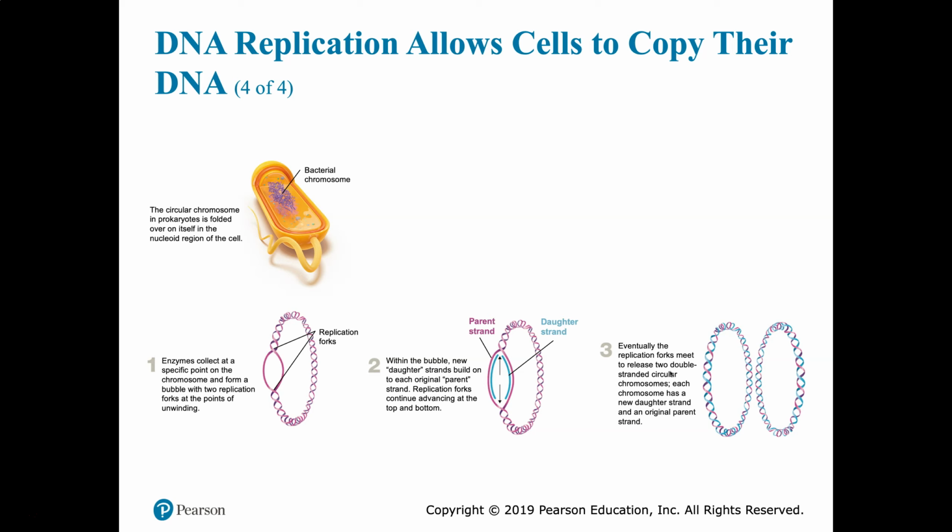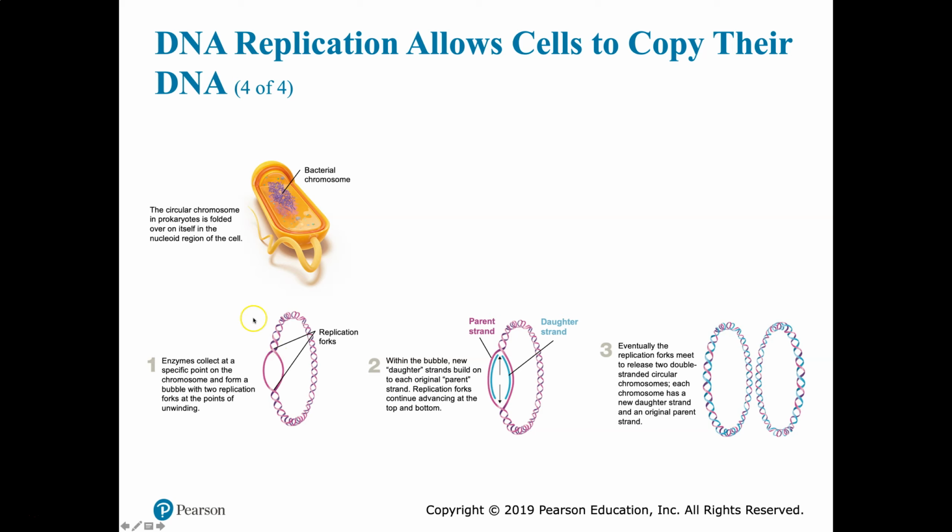This is what DNA replication looks like. You have two what we call replication forks. Remember, bacterial genomes are circular, so this is accurate. And you have two replication forks, meaning you have two positions on the chromosome where replication is taking place.